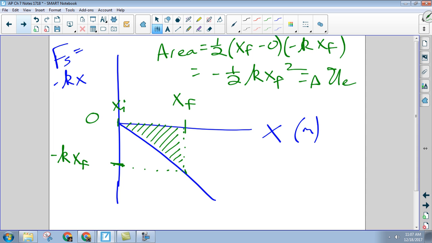Well, actually, it's the opposite of it, right? Which is the work done by the spring, right? Make sense? Okay, so calculating the area under the force as a function of position gives you the work done by that force. Good?